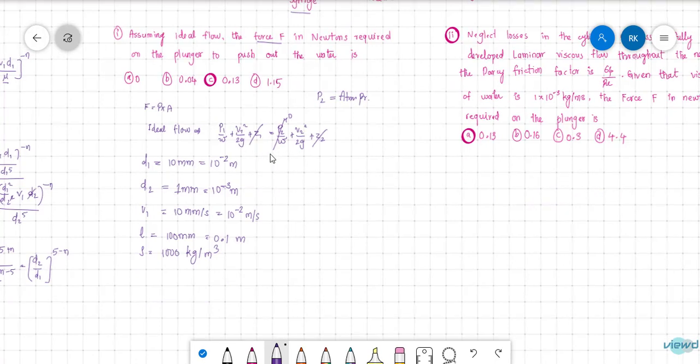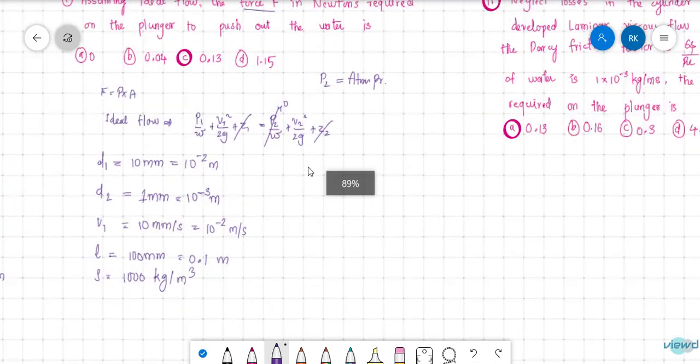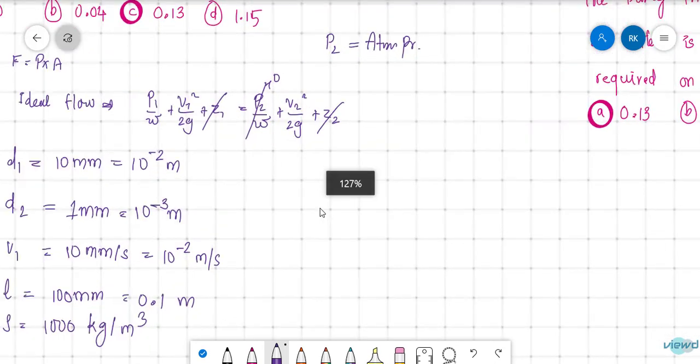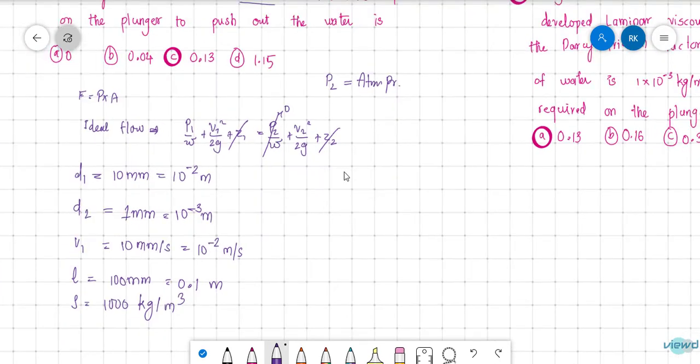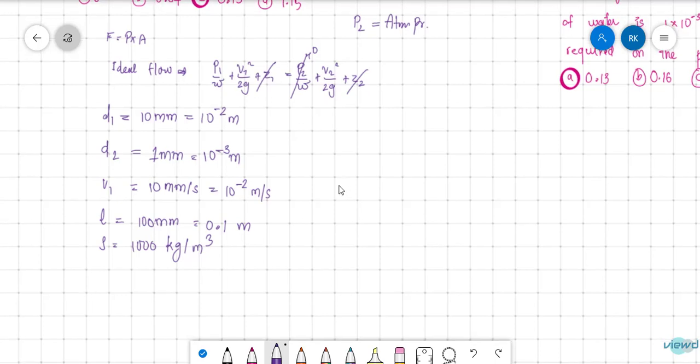And substituting these values, we need V2. So discharge is equal to A1 V1, which is equal to A2 V2. So A1 is equal to pi by 4 into D1 square. D1 is 10 power minus 2 whole square into V1.